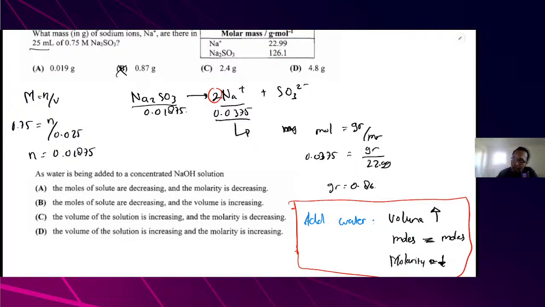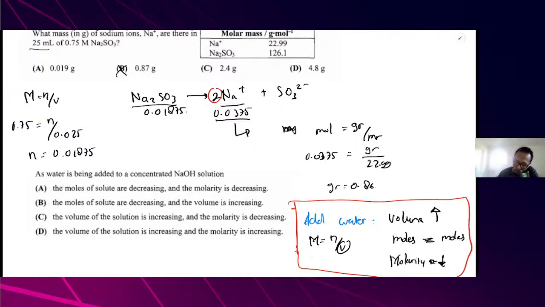If you take a look at the formula of molarity, it has a relation with volume, and it's opposite, not linear. So if volume increases, M will decrease.